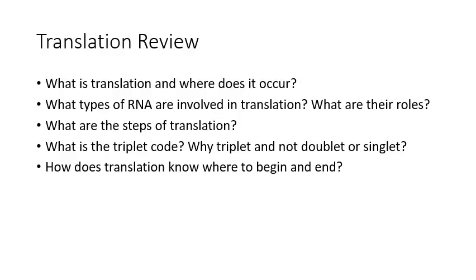And so how does translation know where to begin and where to end? Oh, okay. So those were the different sites in the ribosome. It starts at the start codon. That's where the ribosome is going to bind to the mRNA at the start codon, and that's going to be in the P site in the beginning.